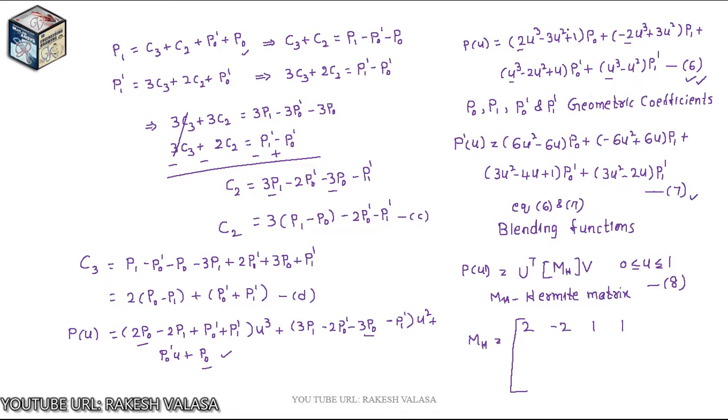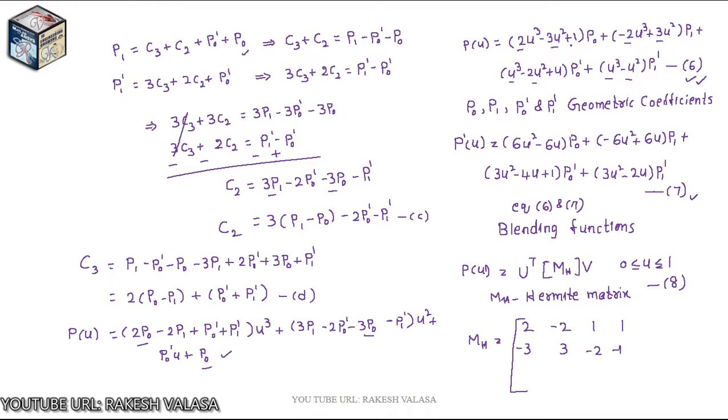Now write the second row, that is U square coefficients, minus 3 3 minus 2 minus 1. Similarly write the third row, that is U coefficients.